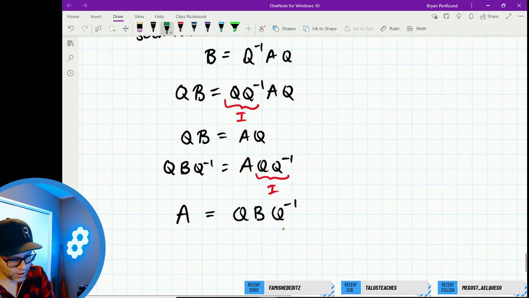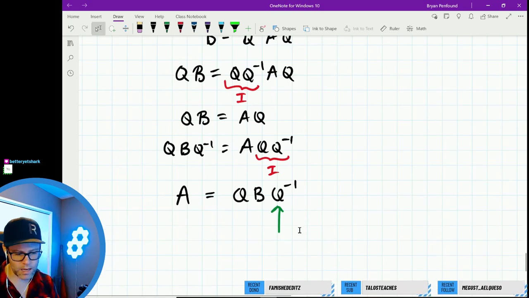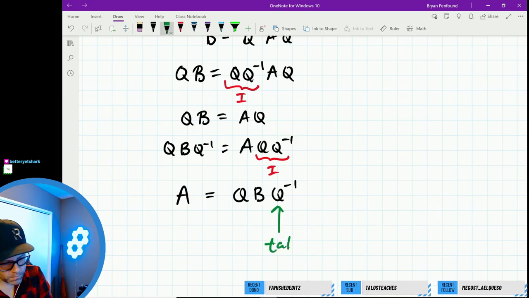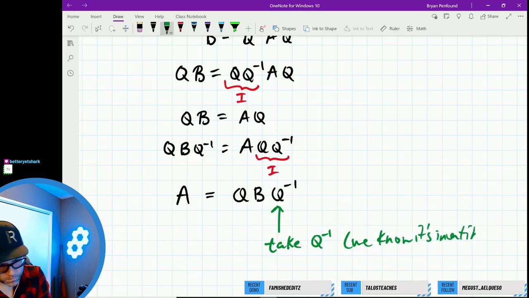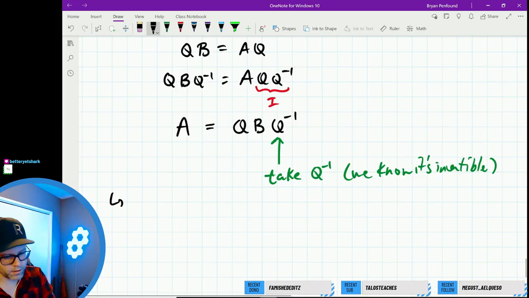So Q inverse is invertible. We've found exactly the candidate that we need for the definition. So we're going to take Q inverse, we know it's invertible. And so we know now that if A is similar to B, then B has to be similar to A.